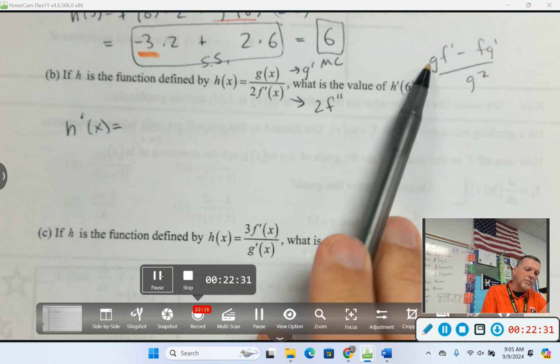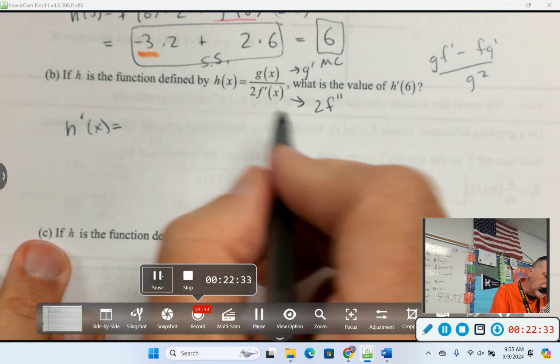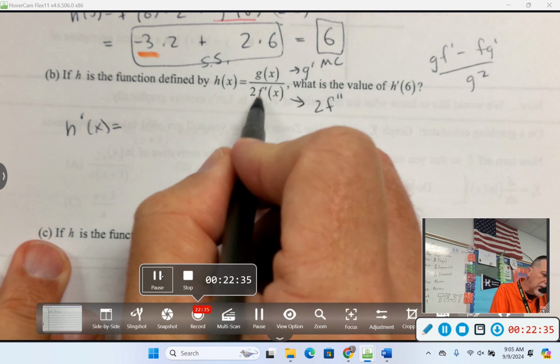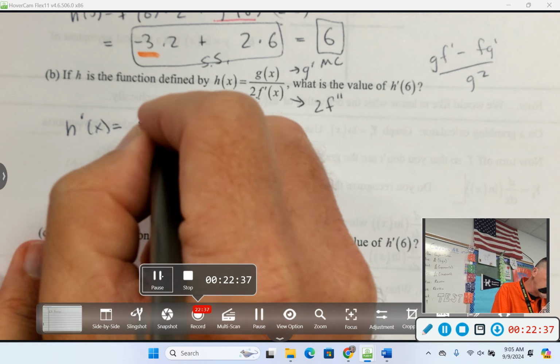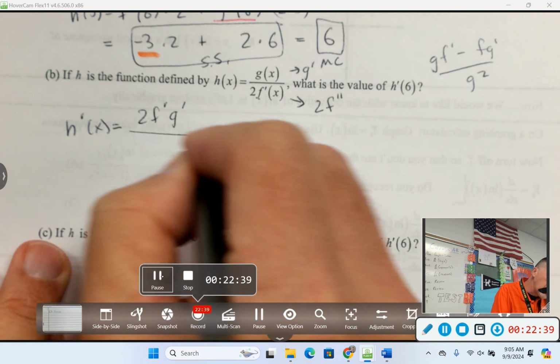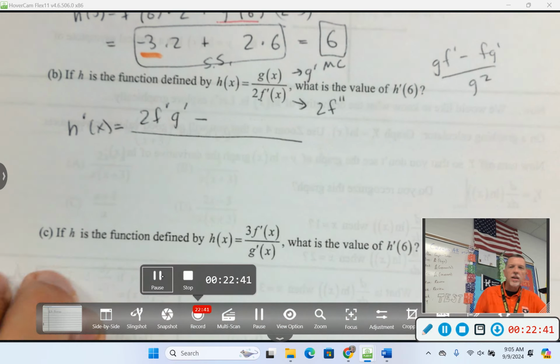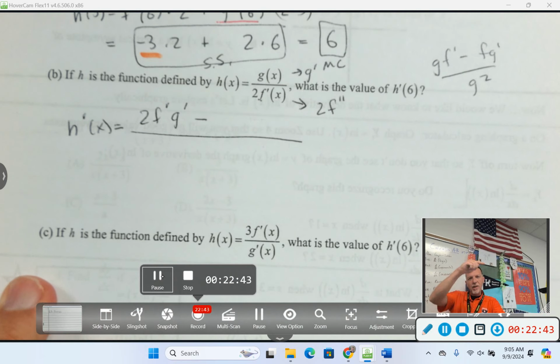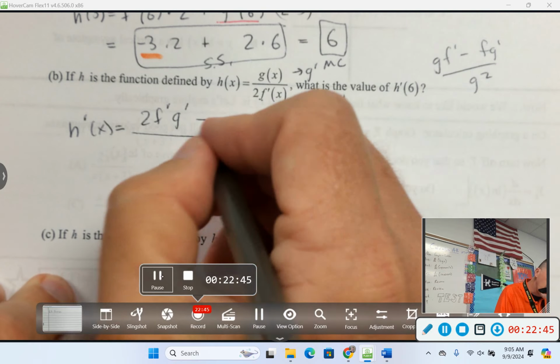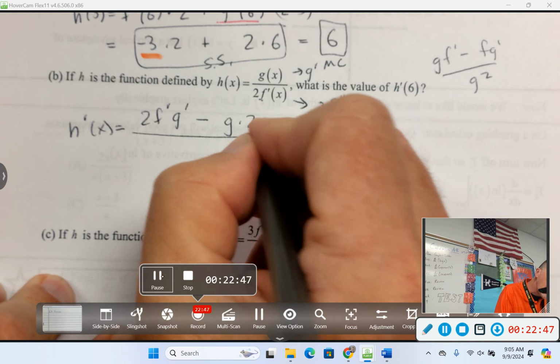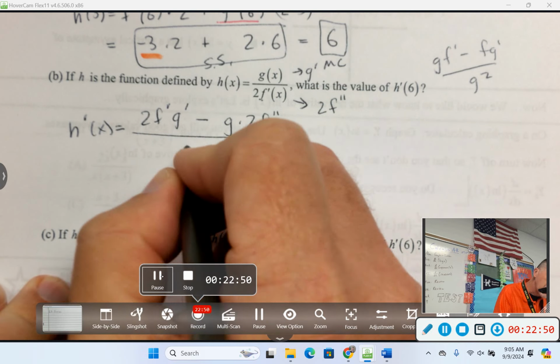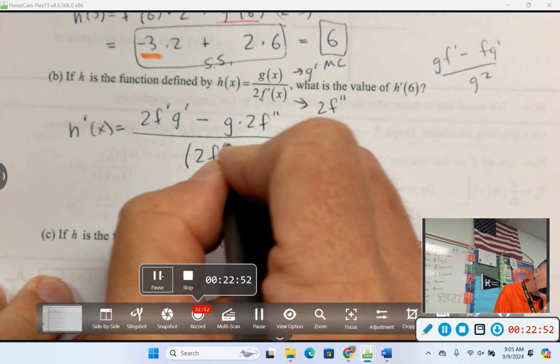So it's bottom times derivative of top. So 2f prime g prime, minus the other way around: top times derivative of the bottom, over the bottom squared.